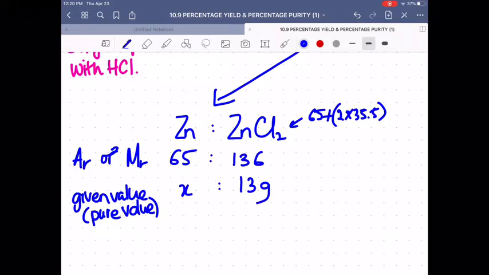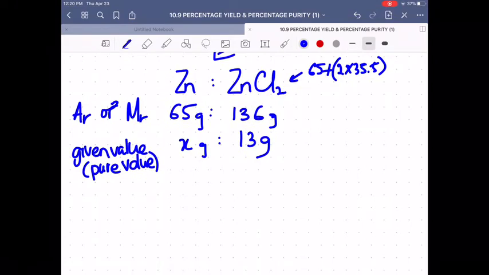Now bear in mind, everything here is in grams, so everything here is mass. Now we have made sure that all the units are the same, even in the column, so we can safely cross multiply.